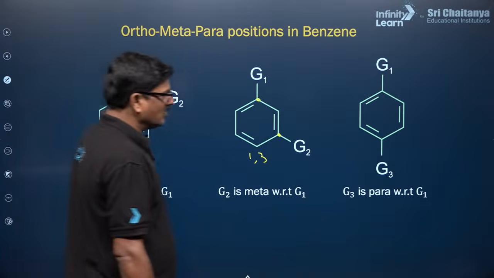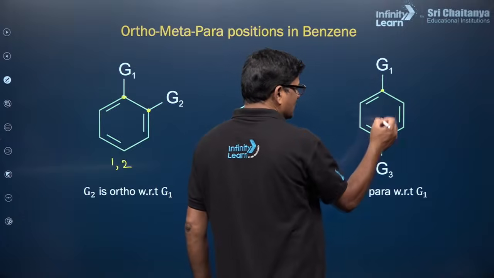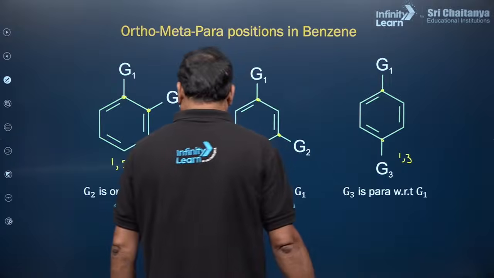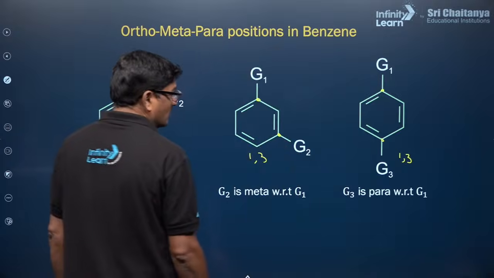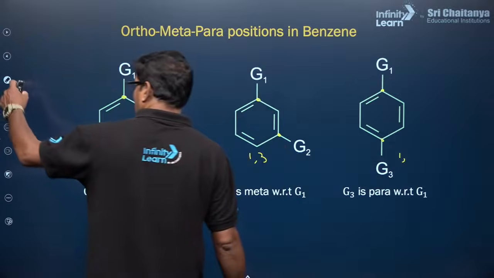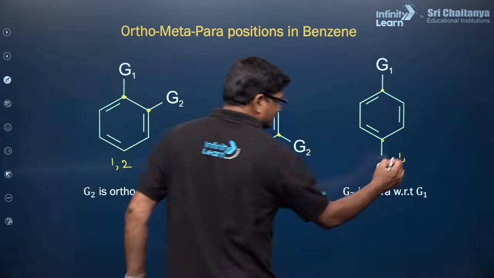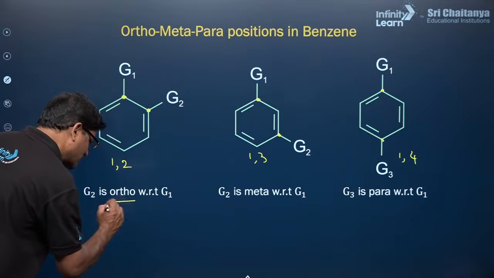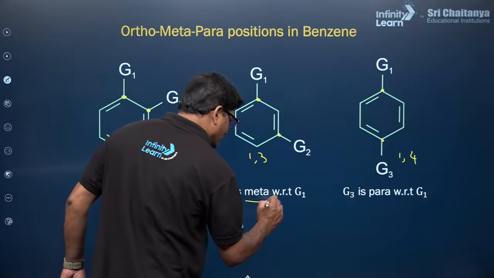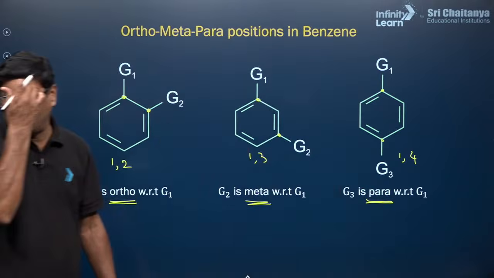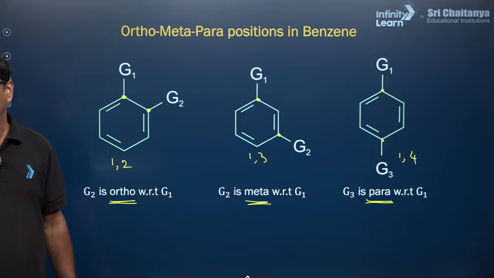And this is what is called para, 1, 4. So 1, 2 positions are ortho positions, 1, 3 positions are meta positions, and 1, 4 positions are para positions, right?